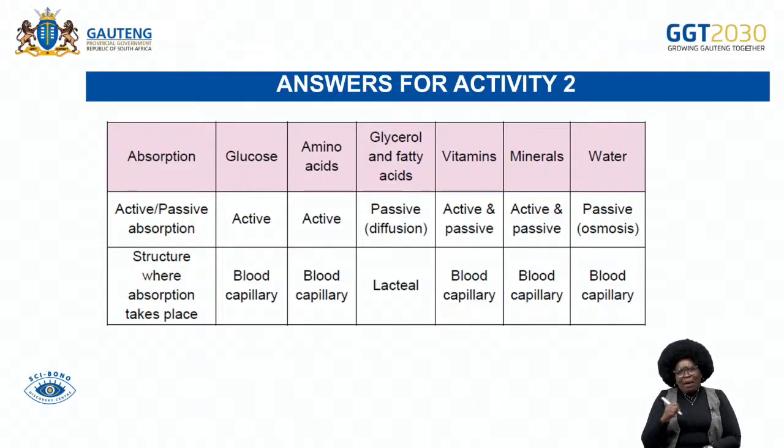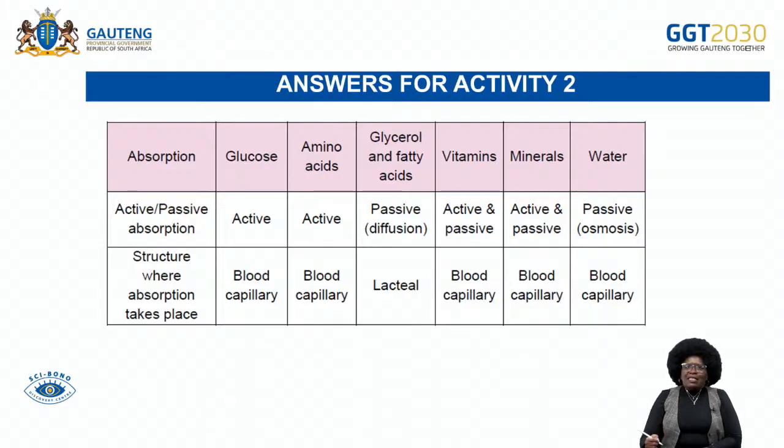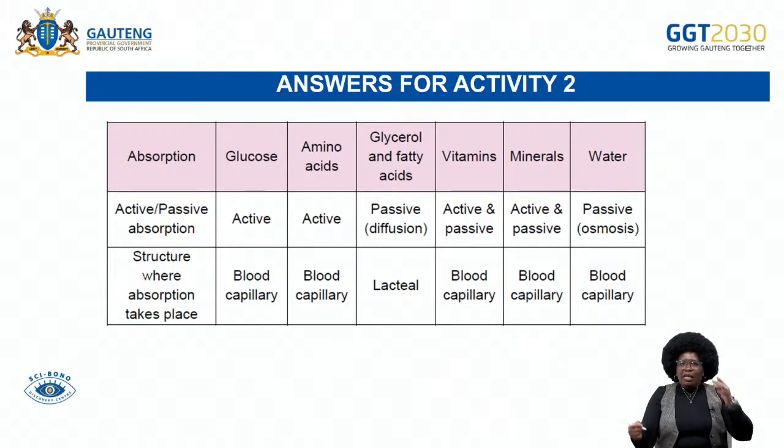Do you remember the blood capillaries that we saw on the structure of the villus? That is exactly where absorption is taking place, right? And we have got amino acids. Just to refresh your mind, it was that whole band of amino acids broken down into amino acids from the whole full protein molecule, right?